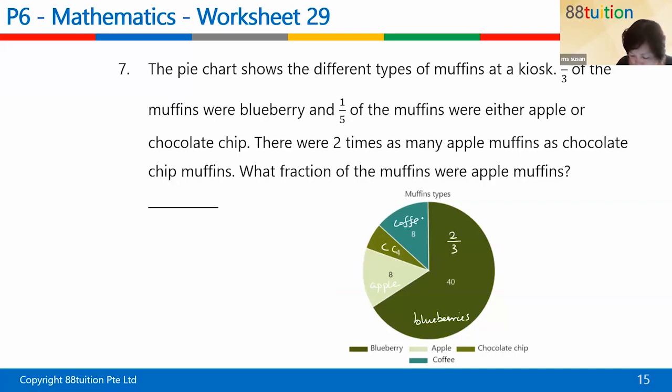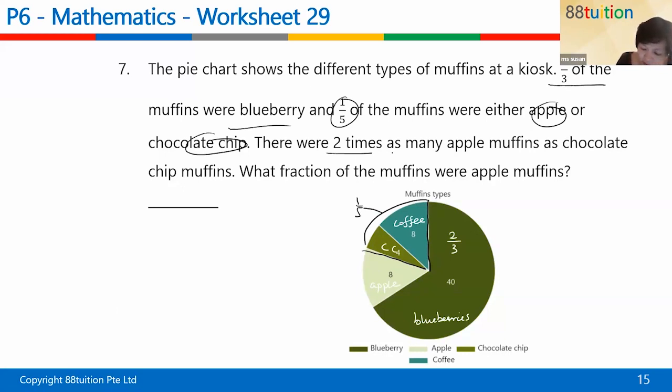And this is coffee flavor. And if I look at the fractions, blueberry 2/3. 1/5 apple or chocolate. That means this portion here is called 1/5.